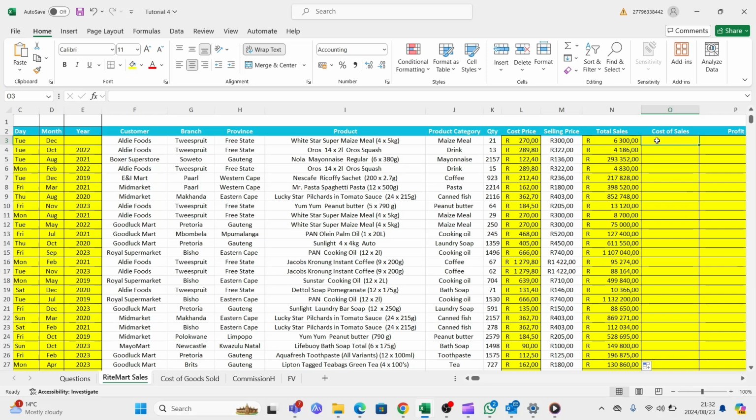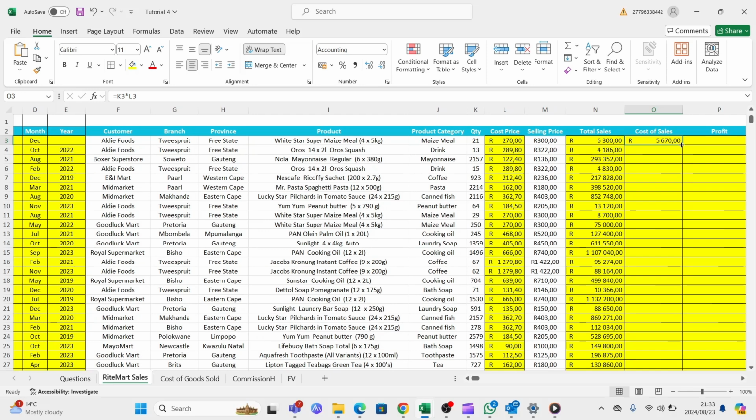So we're gonna say equal sign quantity times cost price, then press enter. This is the cost of sales of this total sales. Then if you want to autofill it, you can come to the bottom right corner here. If you see a plus sign, just double click it.